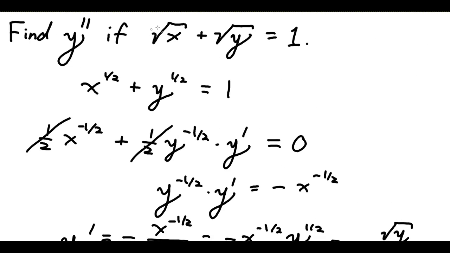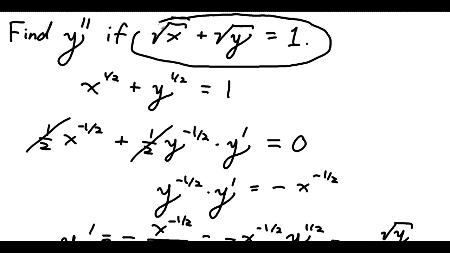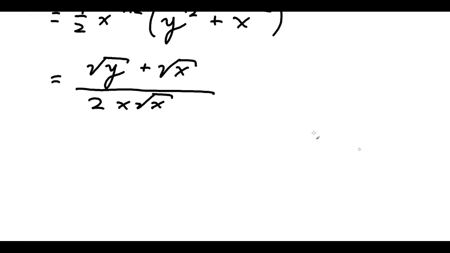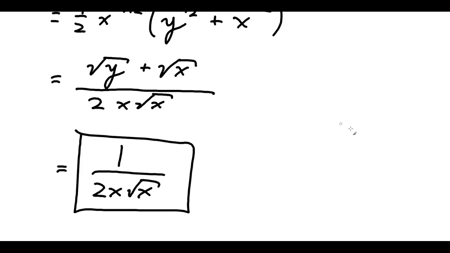But the square root of x plus the square root of y is equal to 1. At every point on this curve, that is true. And that means that this numerator can just be replaced with 1. And this is y double prime.